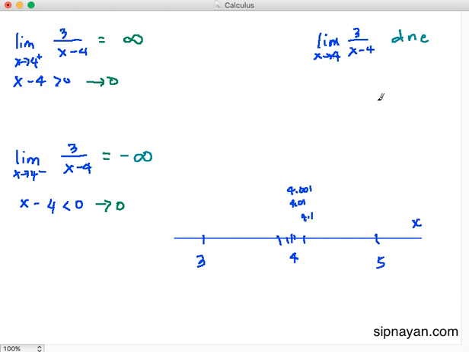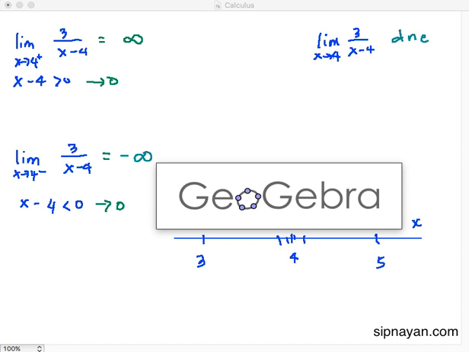No? So, yun ang sinasabi natin na we can try to graph, no? So, pag ginraph natin yan, ano kaya magiging itsura ng 3 over x minus 4 na function? No? So, tignan natin. Nag-open lang ako ng grapher. Ating GeoGebra yung ginagamit natin.